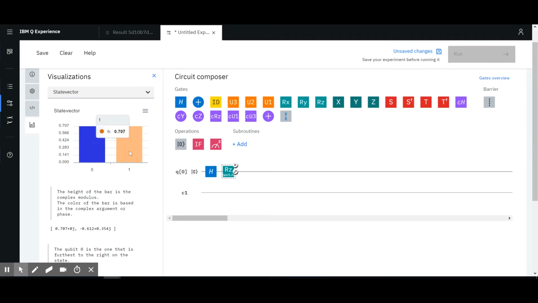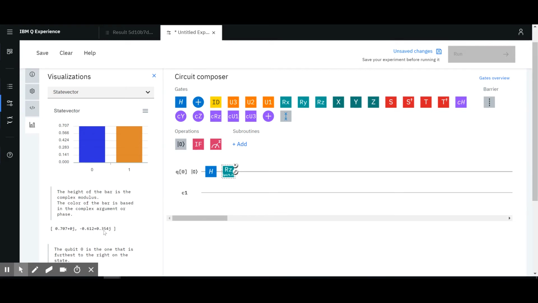So I guess the color coding here, I could try to reverse engineer it, but I think it's a mixture of the sign and the complex component.